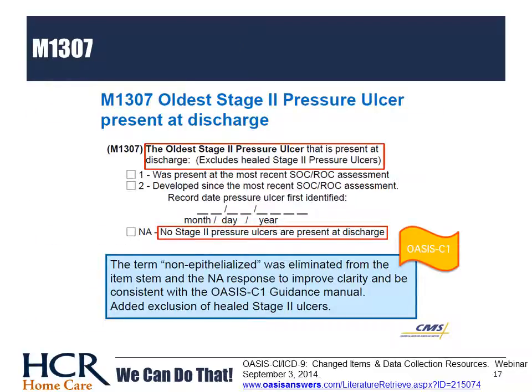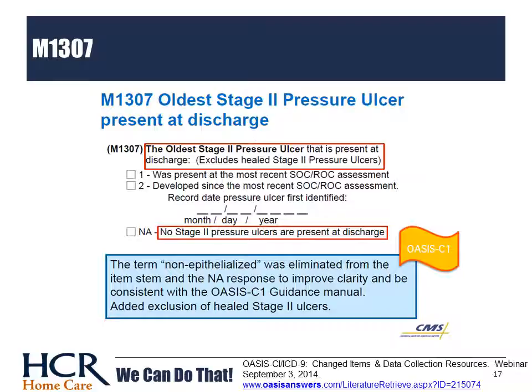So M1307, oldest stage 2 pressure ulcer present at discharge, has had some clarification to the stem of the question. There used to be the term non-epithelialized used in that stem, which kind of created some confusion.